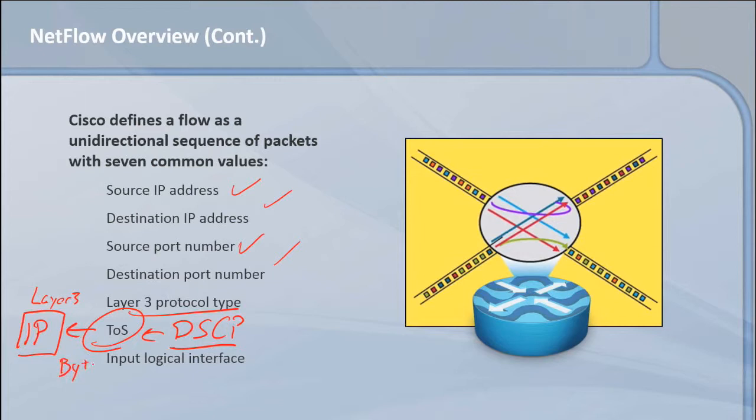It's a byte. A byte is 8 bits. Of those 8 bits, 6 bits are used for differentiated services code points. So in other words, 1, 2, 3, 4, 5, 6, you could have something that looked like this. That would be a DSCP marking.